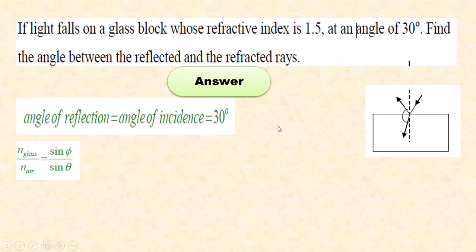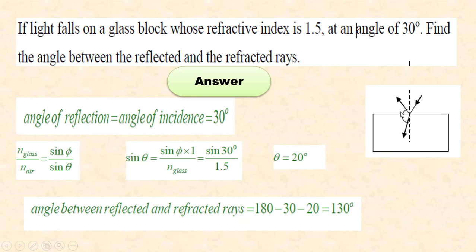I'd like to get the angle of refraction: n glass over n air equals sine phi over sine theta. So sine theta will be sine phi over n glass, sine 30 over 1.5. Theta will be 20. So the remaining of this right angle will be 70, and also this is 30, so the result will be 130. I can answer it another way: this line is angle 180, so 180 minus 30 minus 20 is 130.